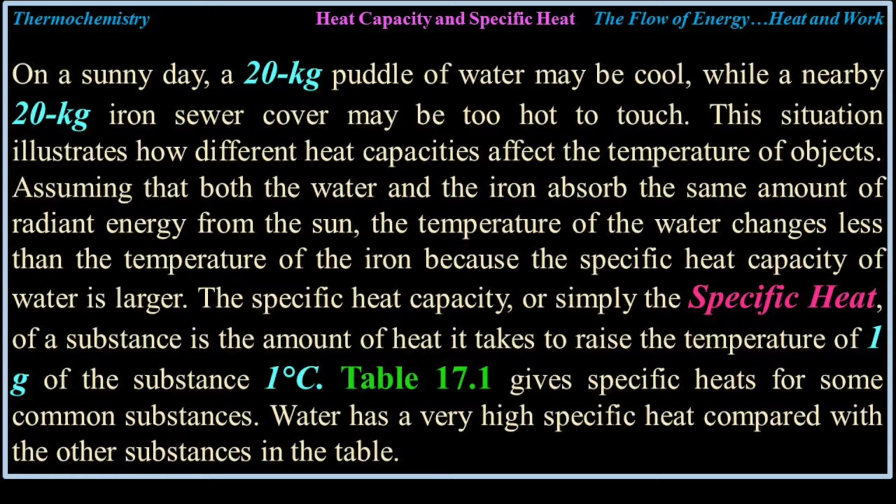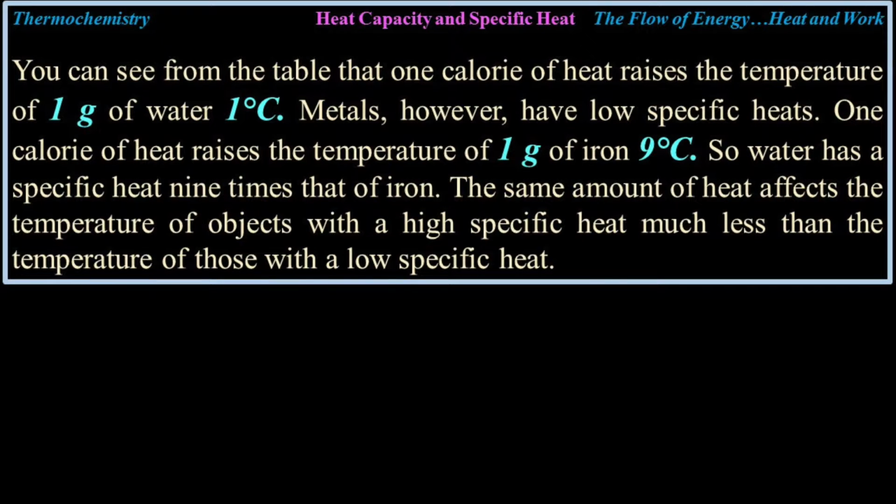Table 17.1 gives specific heats for some common substances. Water has a very high specific heat compared with that of other substances, especially iron, in the table. You can see from the table that 1 calorie of heat raises the temperature of 1 gram of water 1 degree Celsius.